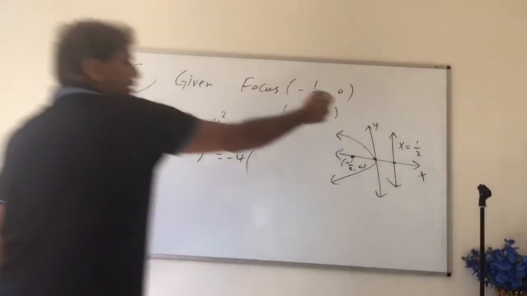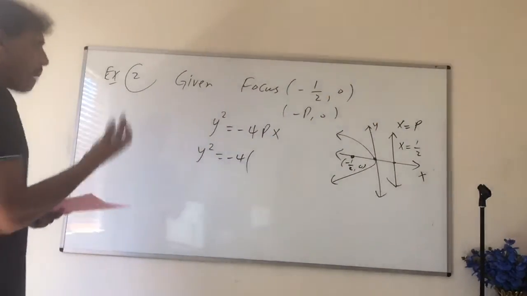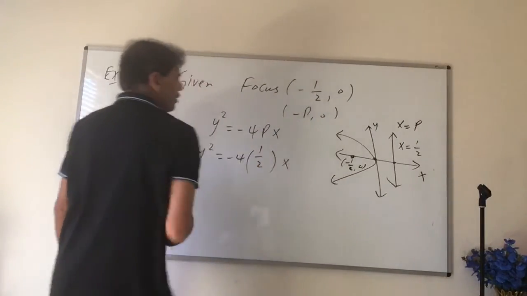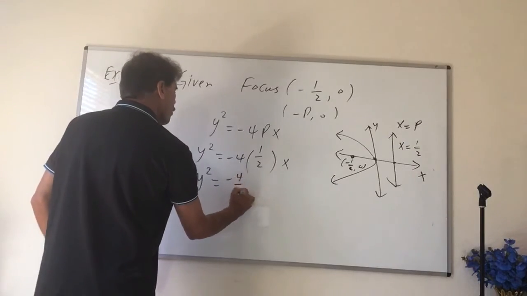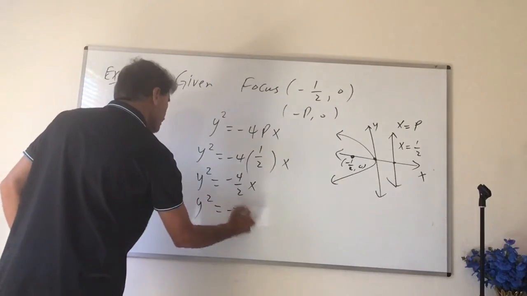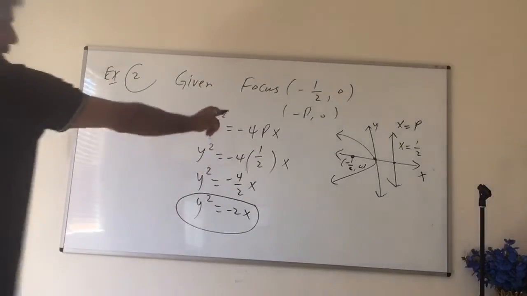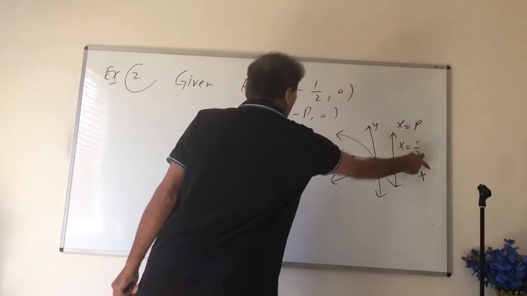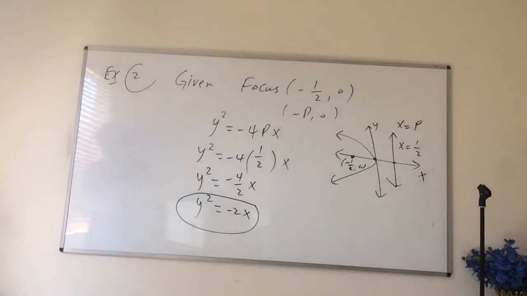The focus is negative p comma 0, so p is the opposite of that, 1 over 2, times x. So y squared equals negative 4 over 2x, and this gives us y squared equals negative 2x. And that is the answer. Okay, so look, the negative is here, but p is the opposite. This is a negative p comma 0. So careful there.